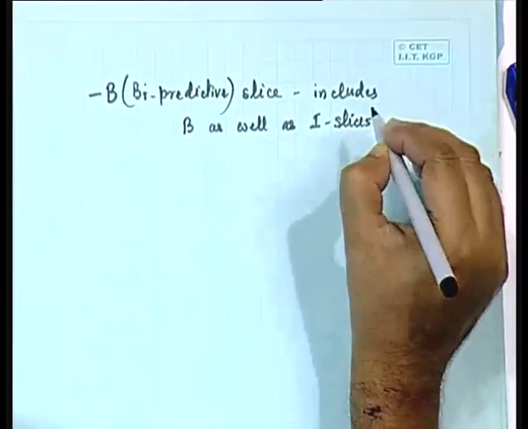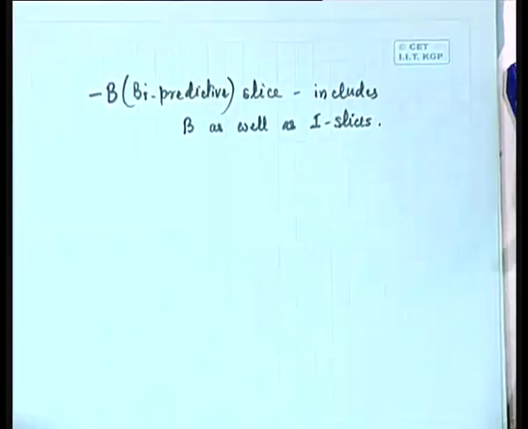In fact, as I was mentioning, H.264 has a provision for multiple frame reference. Now, a B slice obviously requires two different references: one is the past reference and the other is the so-called future reference.